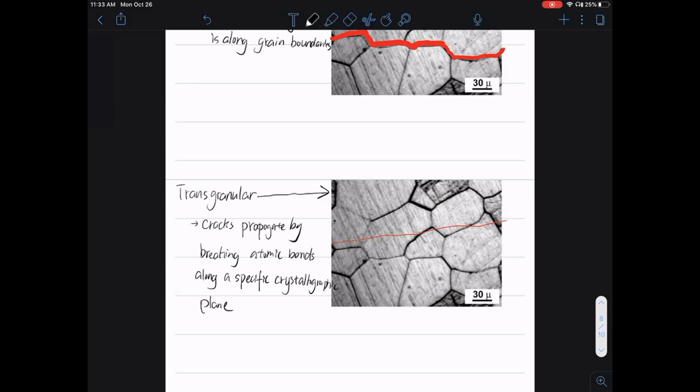All right. Any questions on different types of fractures? If not, we're done with fractures. I have a couple of videos I want to show you. The next topic we can talk about is called fatigue.